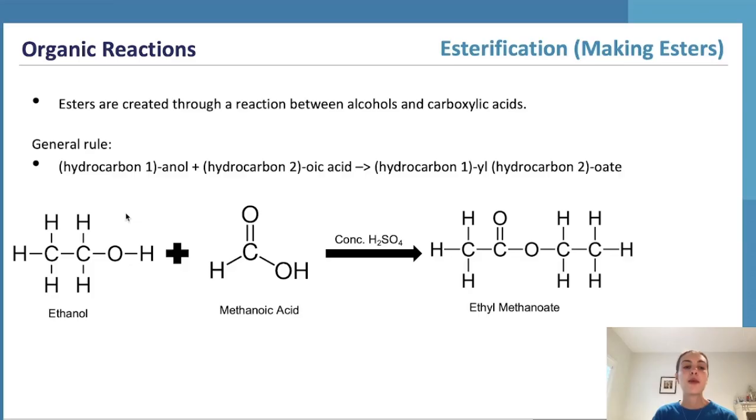So for example, if we were to combine ethanol and methanoic acid, we would need to use a concentrated H2SO4 catalyst, so a concentrated acid catalyst, in order for this reaction to occur, and this would then produce an ester, being ethyl methanoate. So the ethanol part becoming the alkyl group, the branched off chain, and then the methanoic part becoming the methanoate group on the end.